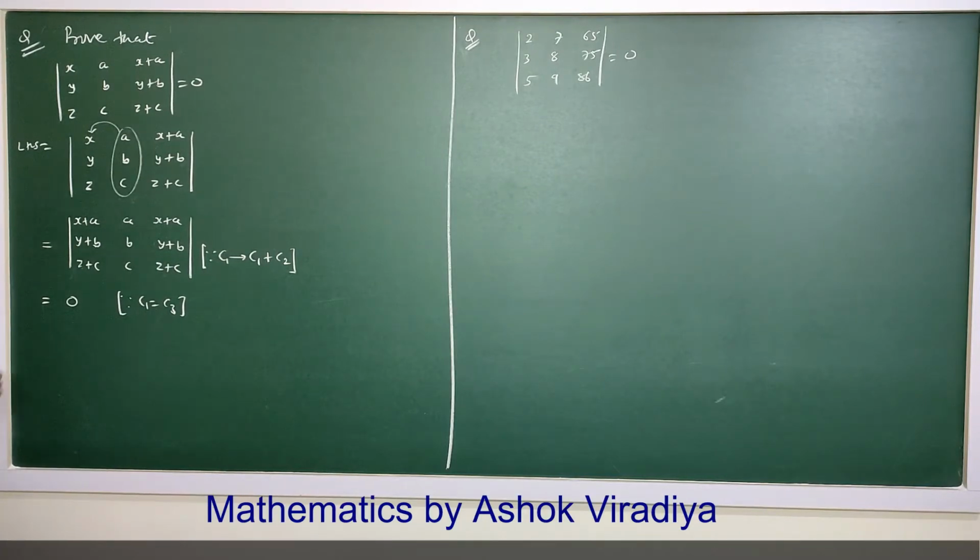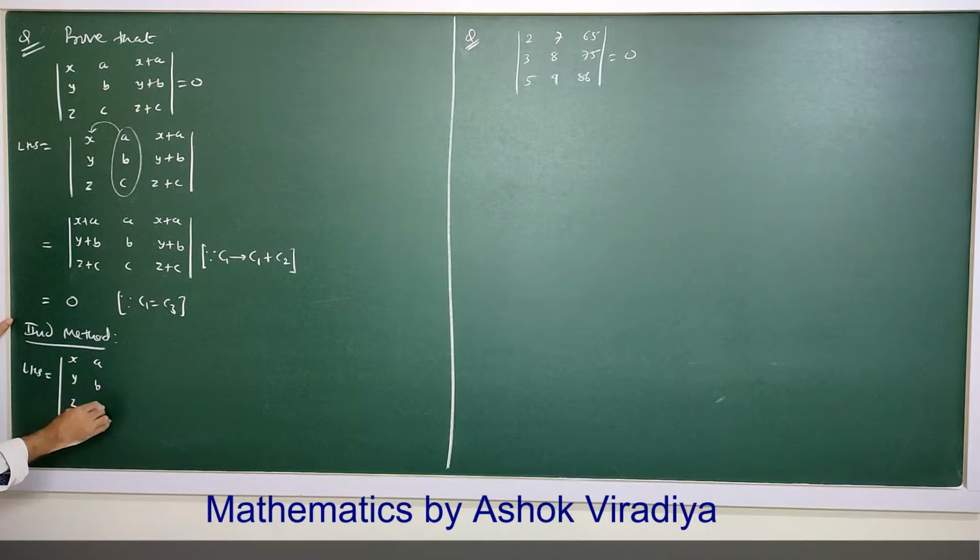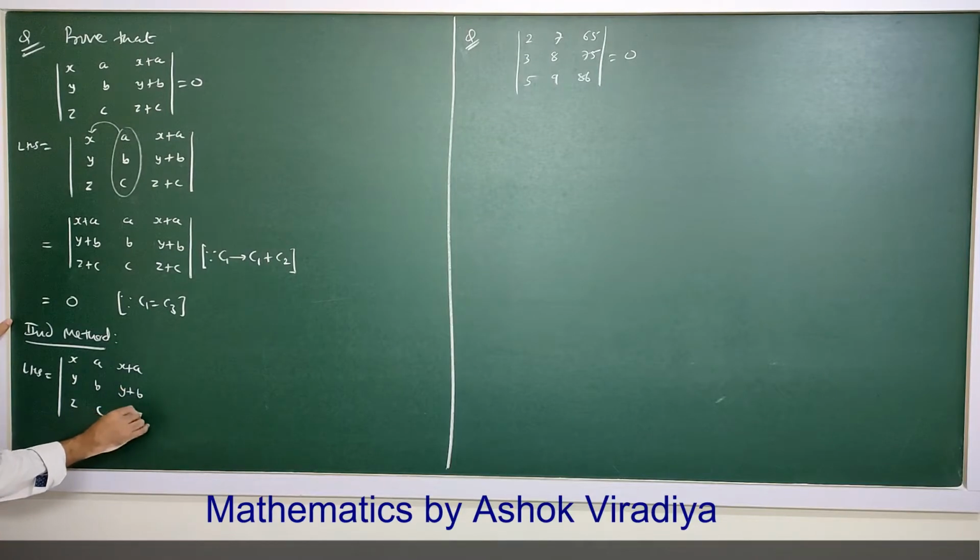Suppose we can also do it by a second method. No unique method. You can show it in many ways. Suppose LHS is x, y, z, a, b, c, x plus a, y plus b, z plus c.